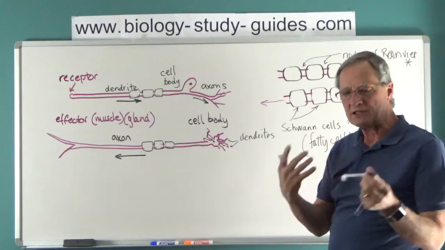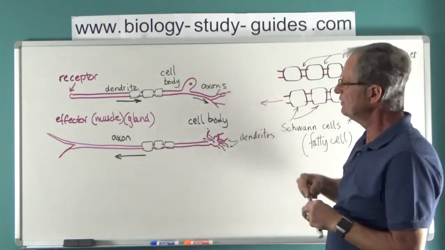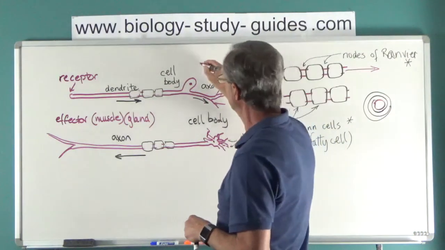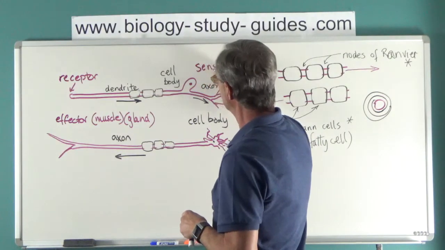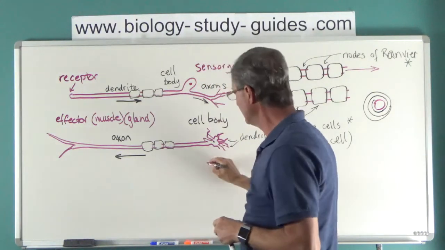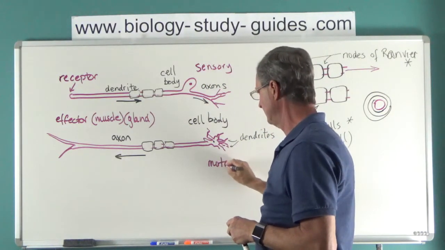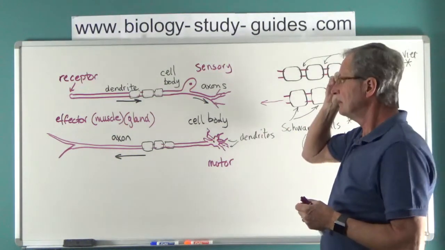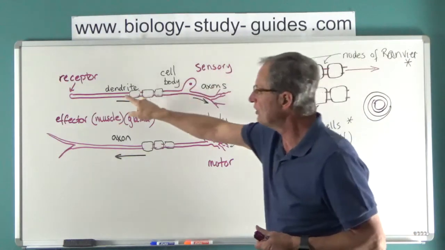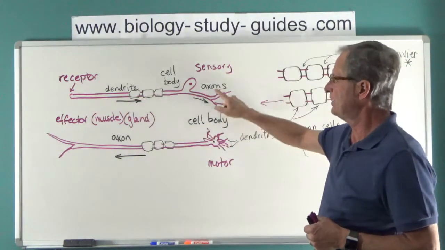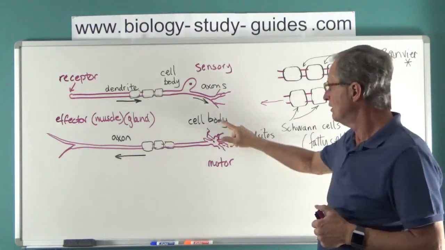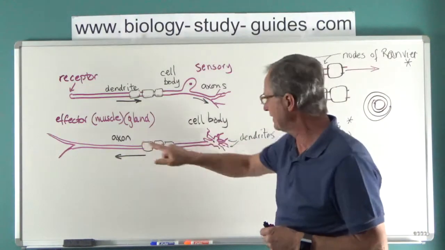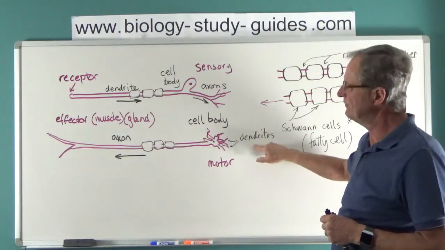So there's a big difference between this one, which is a sensory neuron, and this one, which is a motor neuron. To summarize the differences, sensory neurons have long dendrites and short axons. Motor neurons have long axons, short dendrites.